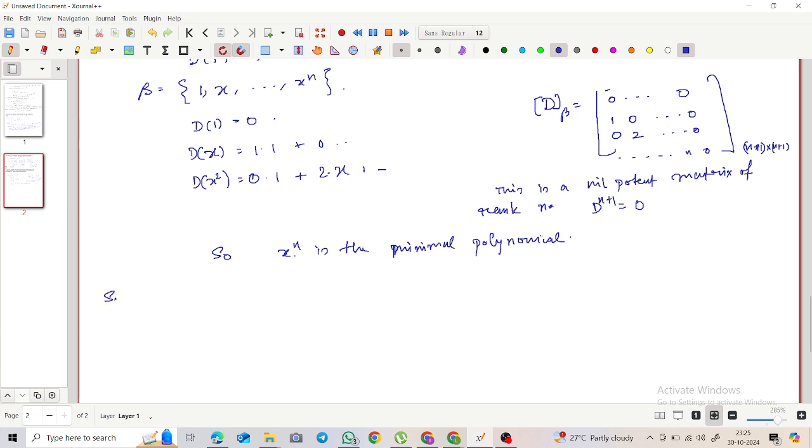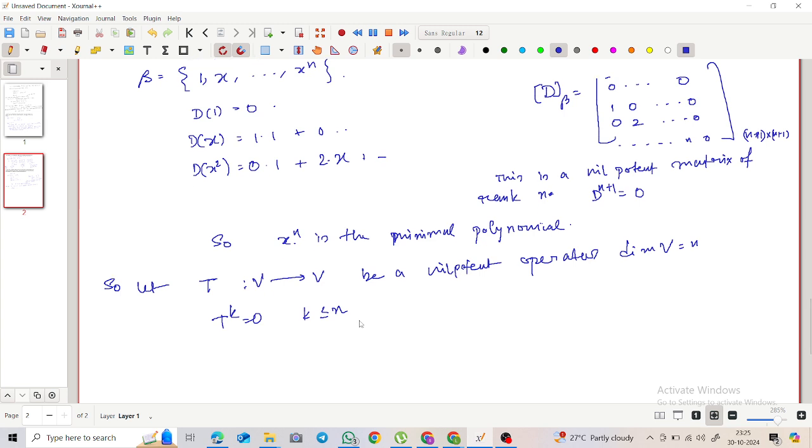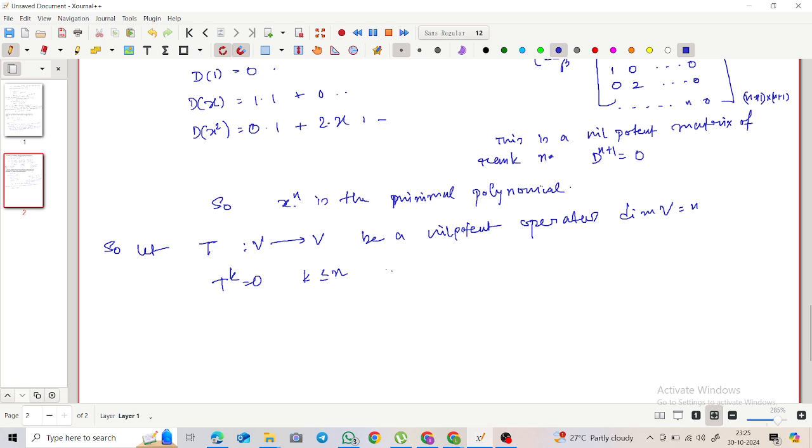So let T from V to V be a nilpotent operator, dimension V is n, and t to the power k is 0 for k less than or equal to n, and t to the power k minus 1 is non-zero.